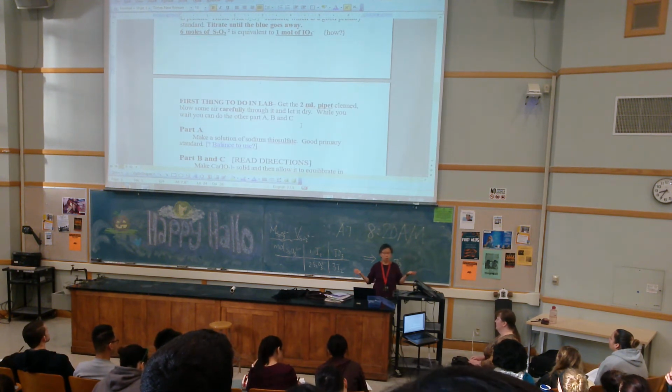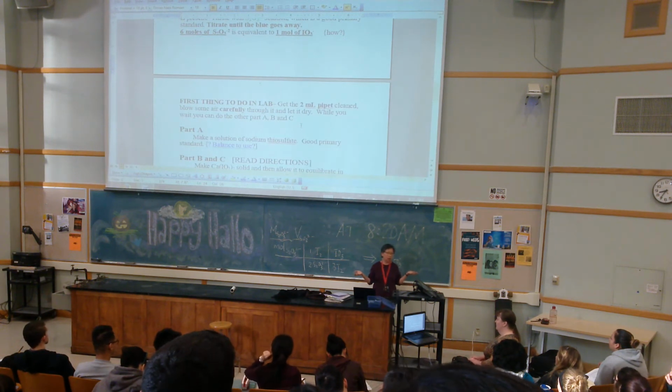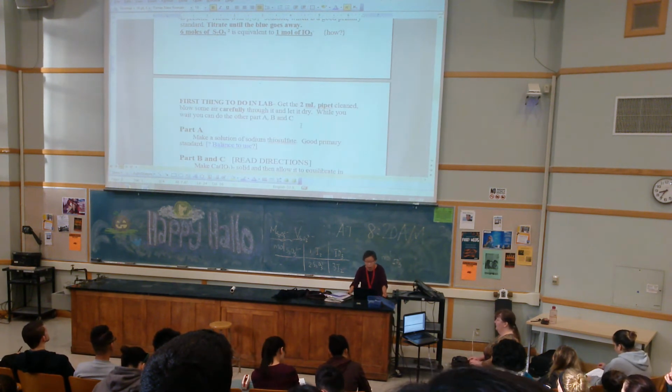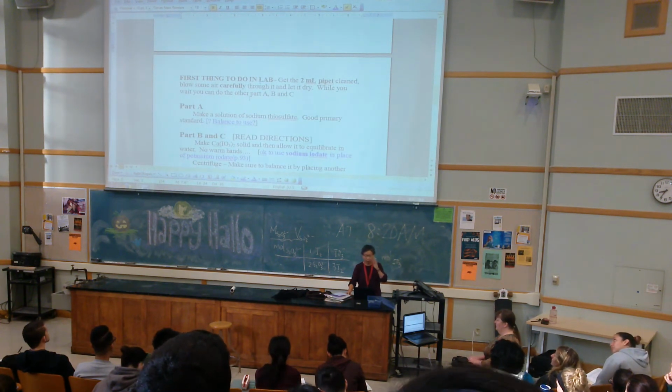For this lab, we can get by with a little bit of grease because we're titrating for the thiosulfate, right? So it's better dry than wet because that will change your concentration. The oil probably won't matter much. Okay? All right.